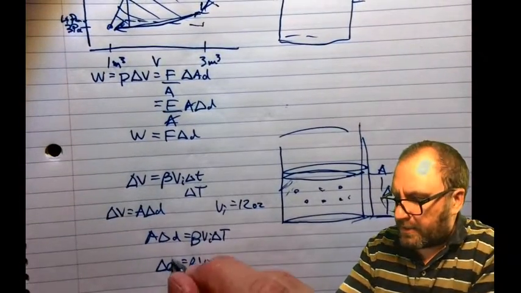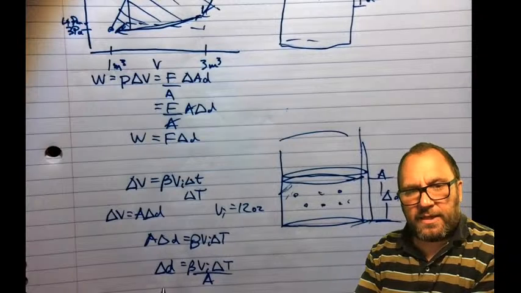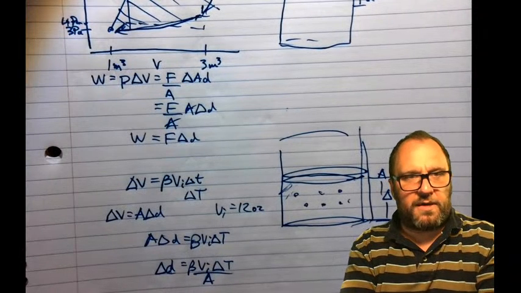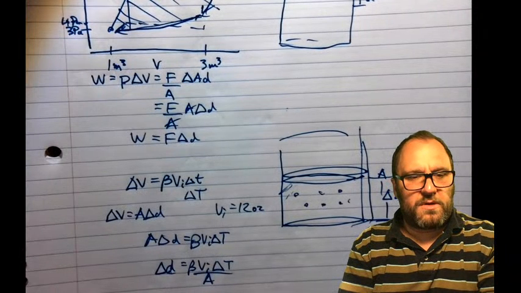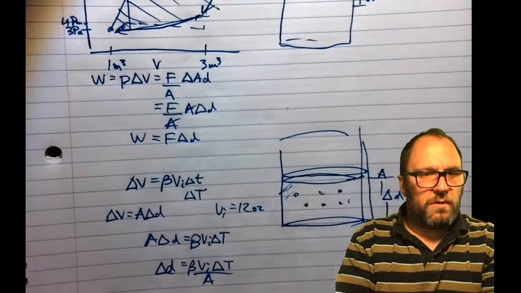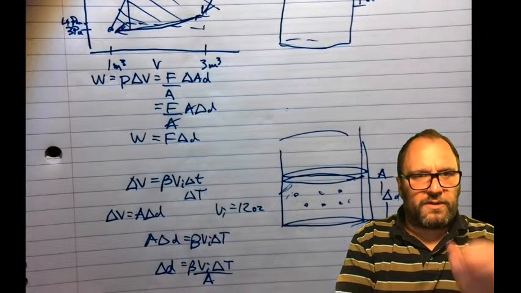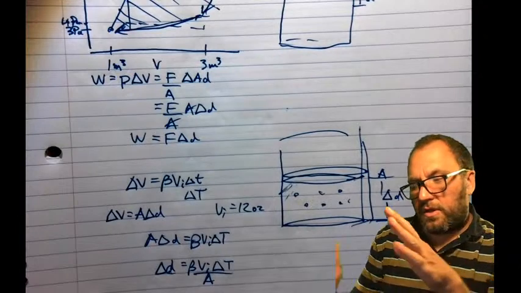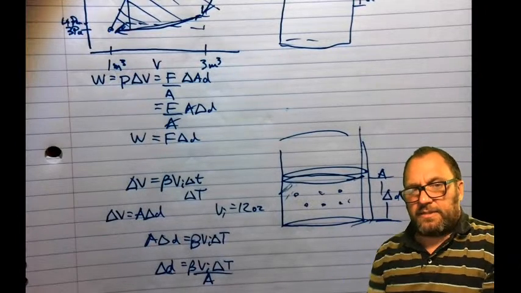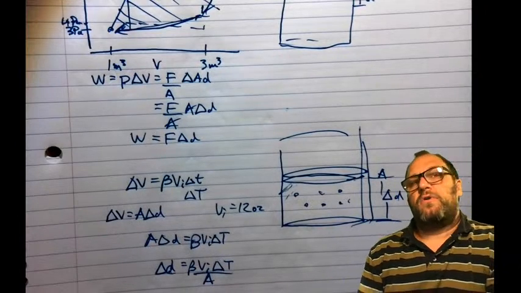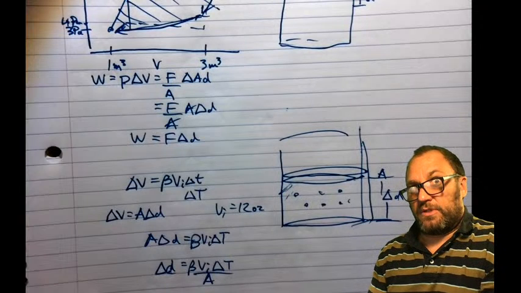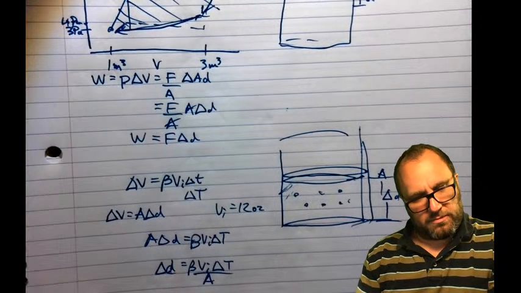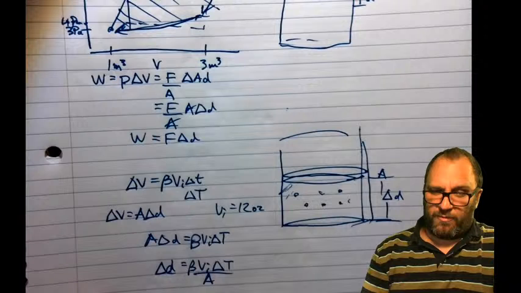There it is. That's my height that it's going to change. Now, these are all relevant things that you will need to know for the test, which is why I'm telling you this. And if I tell you this, believe me, it's true.